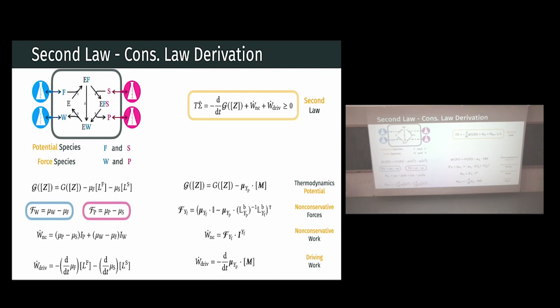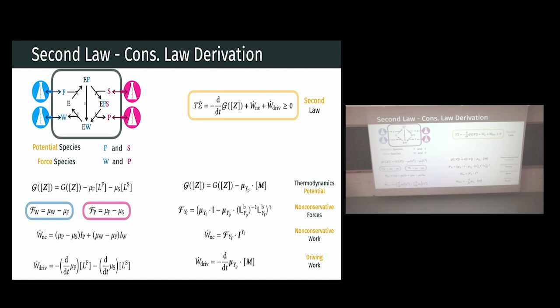Here we are applying a different chemical potential to the same moiety. And the same for substrate and product. Okay? Different chemical potentials, same moiety. The system goes crazy and doesn't know where to relax. It stays out of equilibrium. And these are the non-conservative forces maintaining the system out of equilibrium. And this is the driving accounting for the time variation of the chemical potentials of F and S.